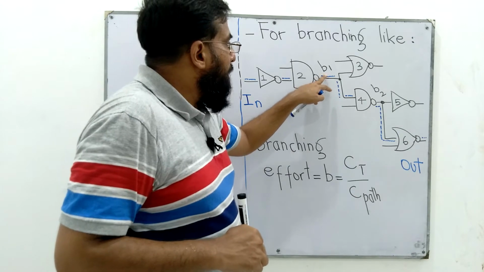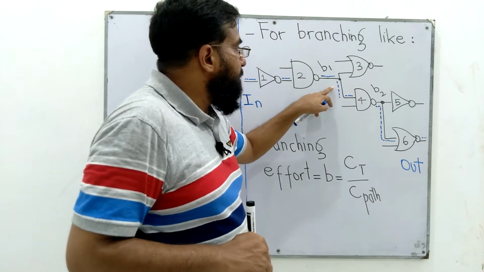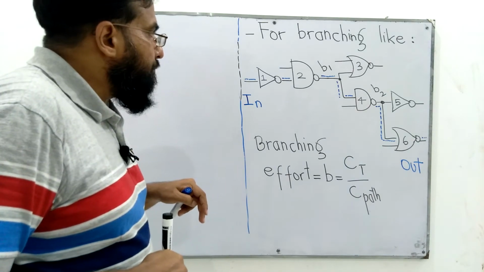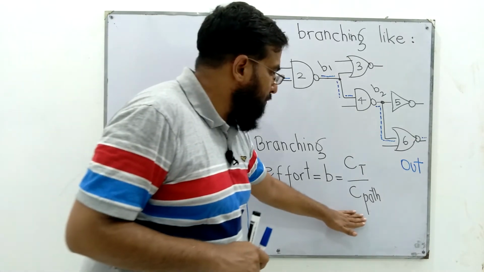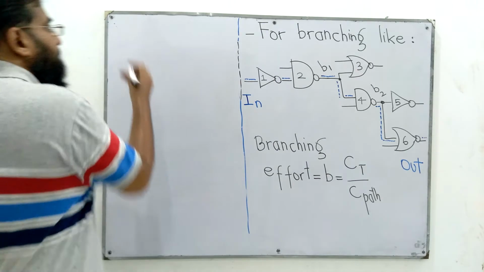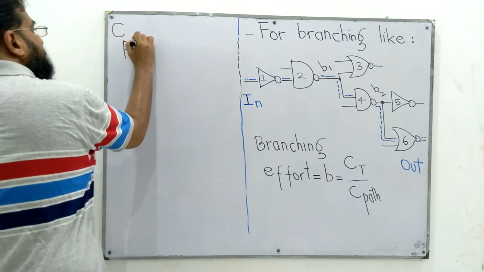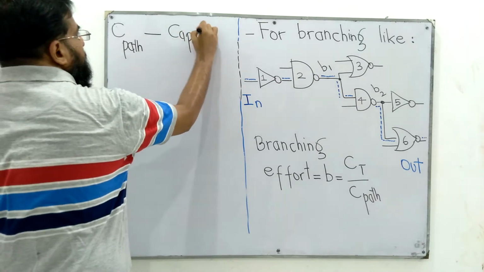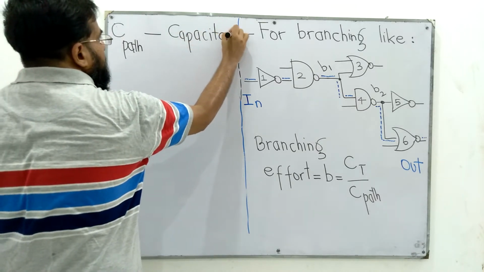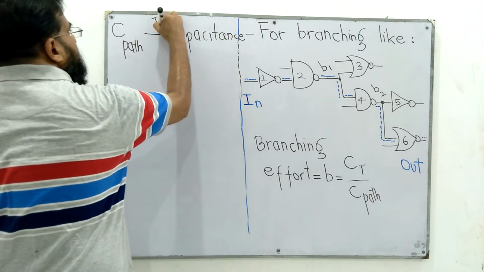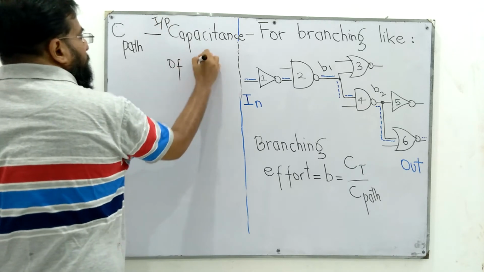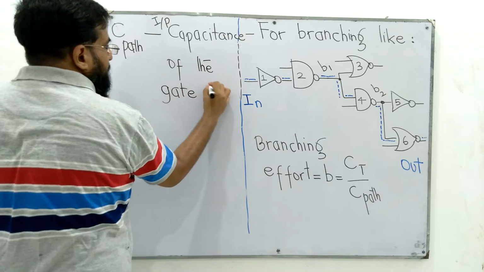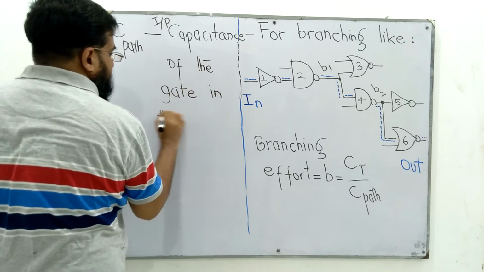So at the output of gate number 2 at node B1, we have a capacitance, we call it C path, that is the input capacitance of the gate in the path.